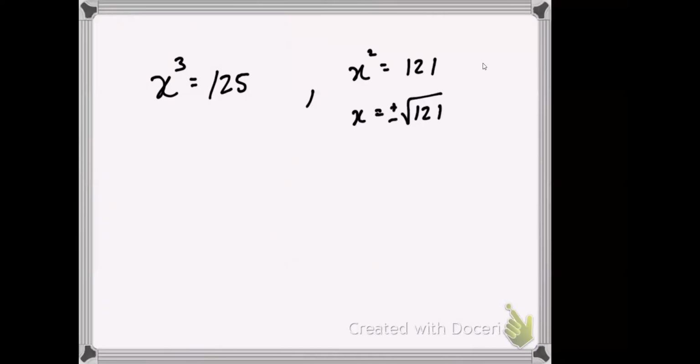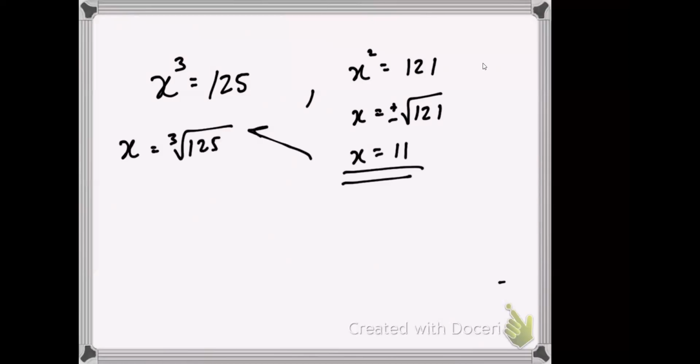It's plus or minus, and you end up with x equals 11. Similarly, for a cube, we use the cube root. So x is equal to the cube root of 125, and therefore x is equal to 5. I think that's 5.